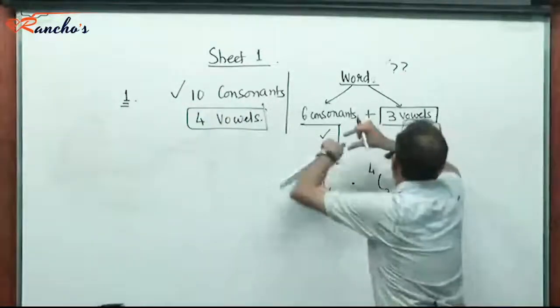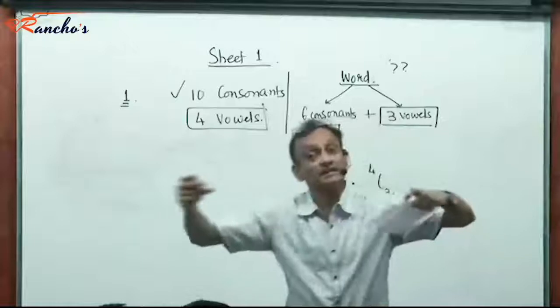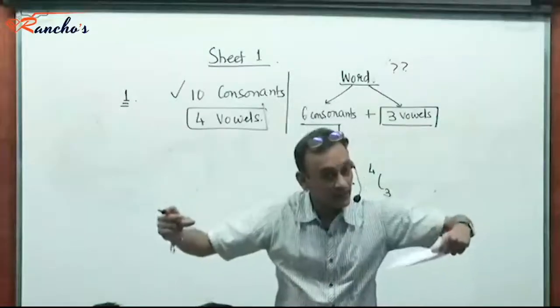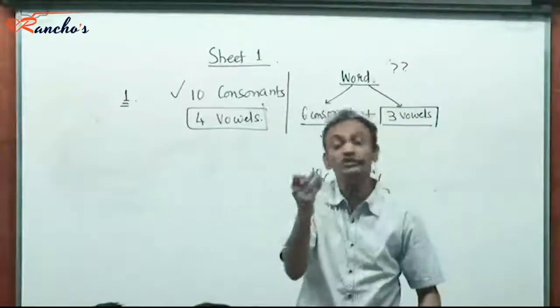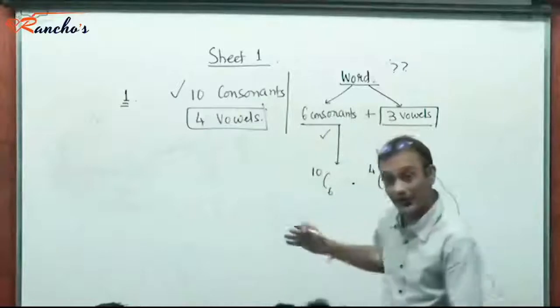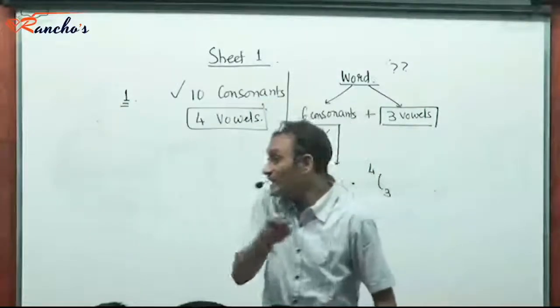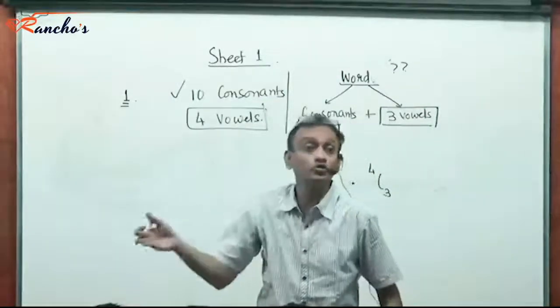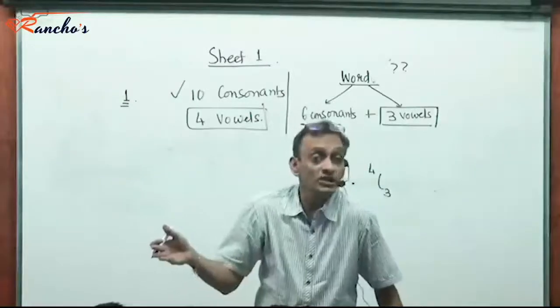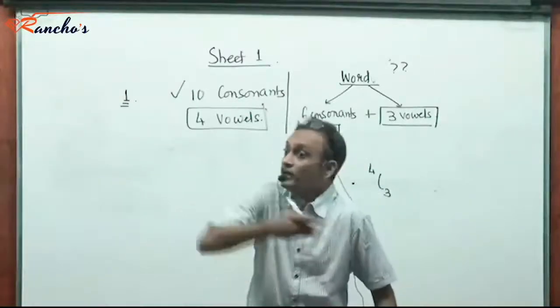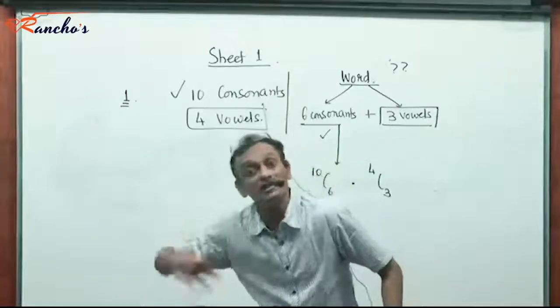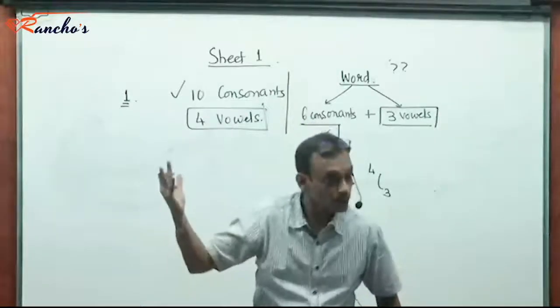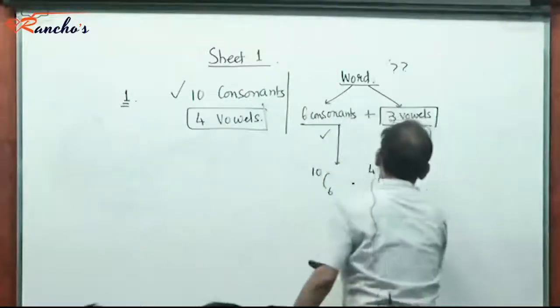Now, I have a string of 9 letters, which I want to rearrange, because this is just a selection made. But now, with this selection in place, I want to be able to rearrange these 9 things. And every rearrangement would be looked upon as a different word. Yes or no? Right?